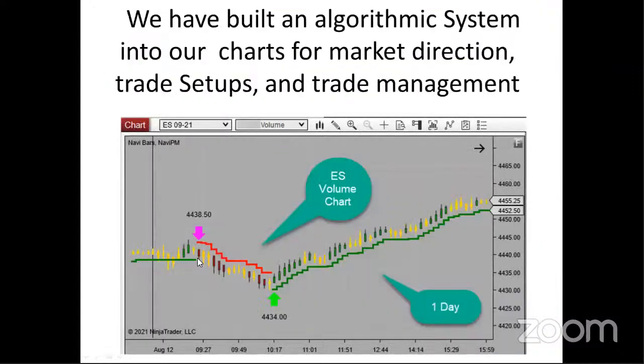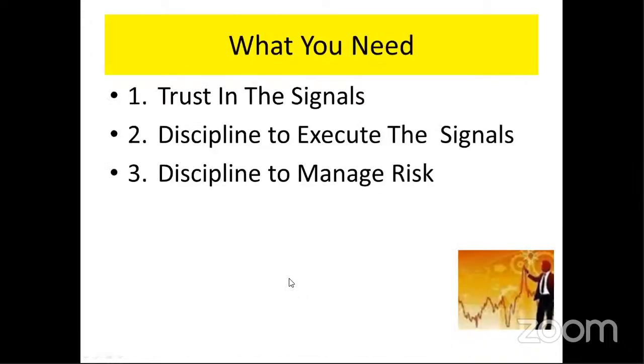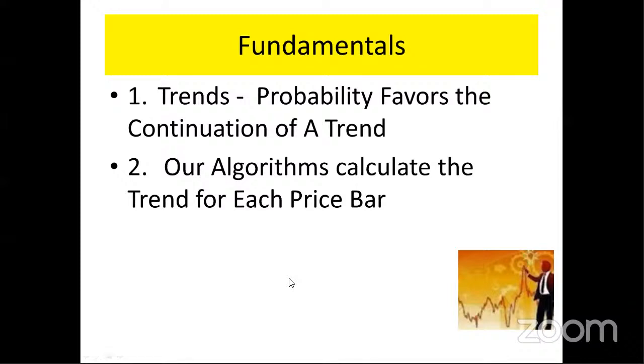All right, so our charts in real time will give you the market direction. We don't use any lagging indicators. Each one of our price bars has a built-in algorithm to tell you the direction for that particular bar. And we're going to talk a little bit more about that as we go along here today.